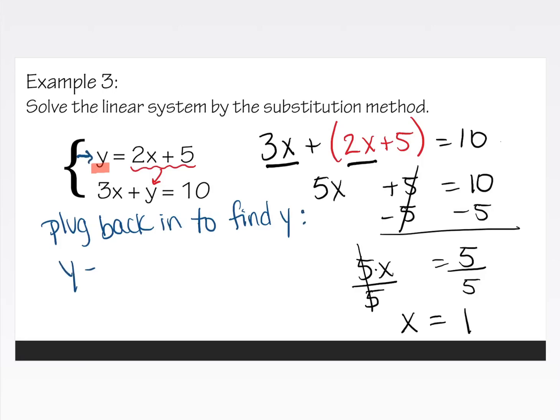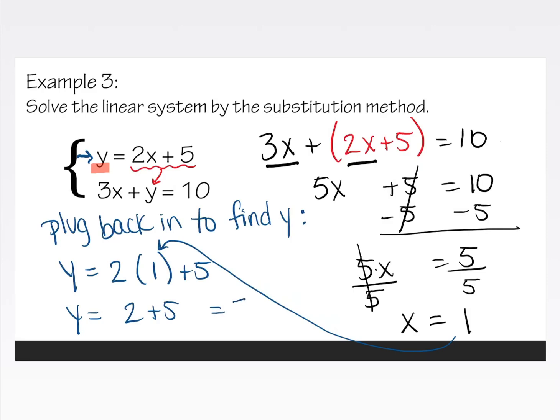So we have y equals 2x plus 5, but instead of x, I'm going to plug in a 1 from right here. Add 5. So y equals 2 plus 5, or 7. So in other words, my solution is 1, 7. That's on the graph where they would intersect.